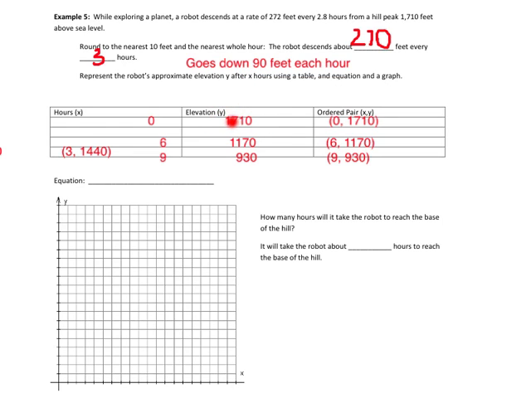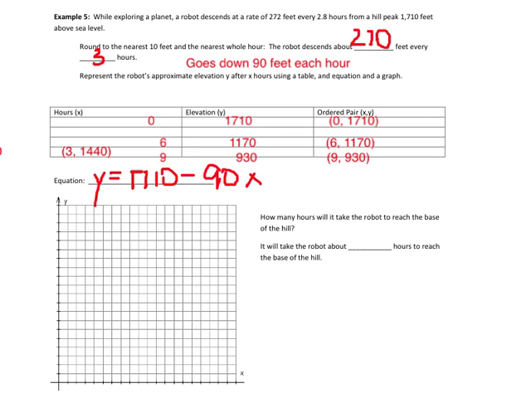So there are a couple ways I could write the equation. 1,710 minus 90 each hour, so minus 90x, is one way. So I have y equals 1,710 minus 90x.